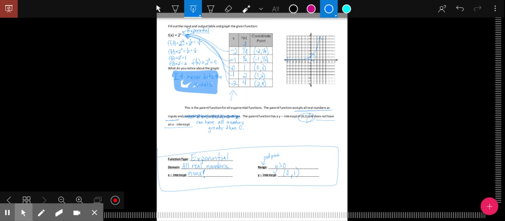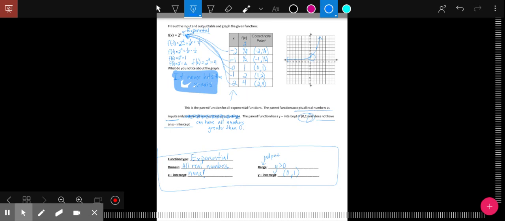So f of 1 is equal to 2 to the first. 2 to the first equals 2. Remember, anything to the 1 is always going to equal itself. And then last but not least, we'll have 2.